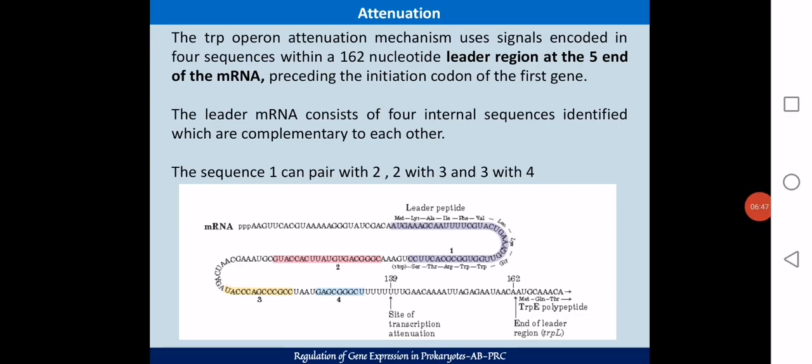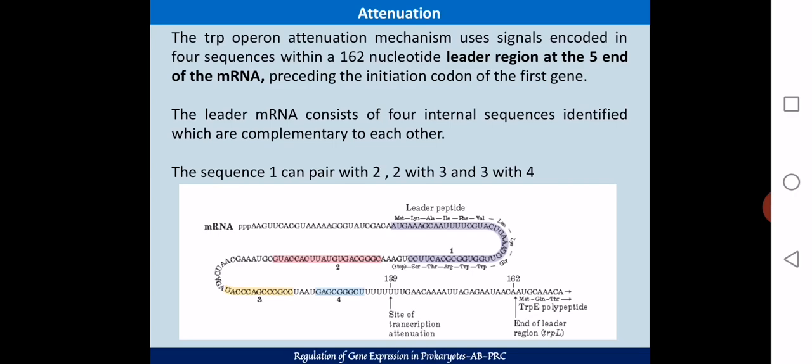The leader mRNA consists of 4 different regions, denoted 1, 2, 3 and 4. The peculiar feature of these sequences is that they are complementary to each other. They are self-complementary: 1 can pair with 2, 2 can pair with 3, and 3 with 4.